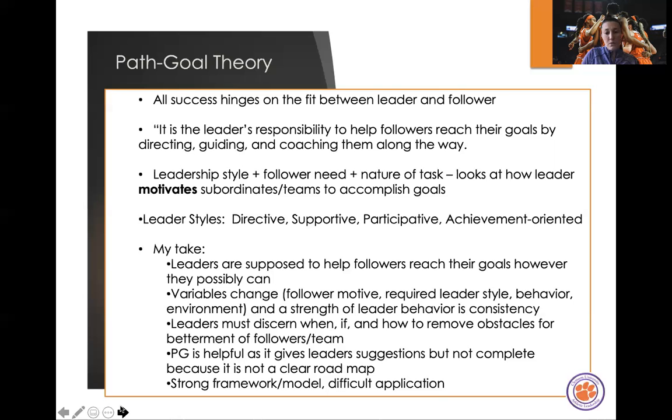And so I think that by constantly helping alleviate some of that stress for them, we're just enabling them to continue on the same path that they're already on. And we're not really helping them grow as followers or grow to become leaders. Path goal is helpful because it does give leaders suggestions, but it isn't complete because it's not a very clear roadmap, right?